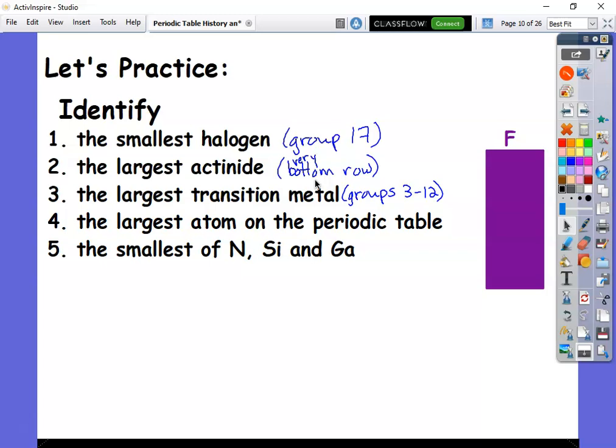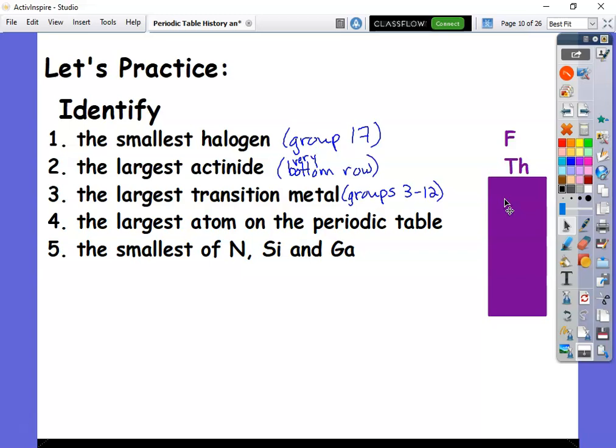And the largest one, when we talk about that, we have to consider that we are looking at a row of elements. And as we go from left to right, the atoms get smaller. So the largest atom would be on the furthest left of that row. And so that is Th, thorium.